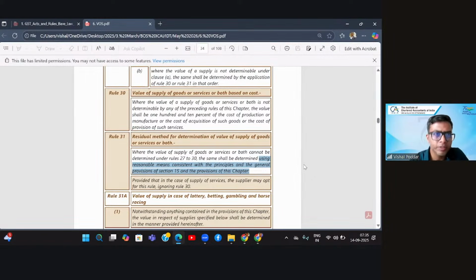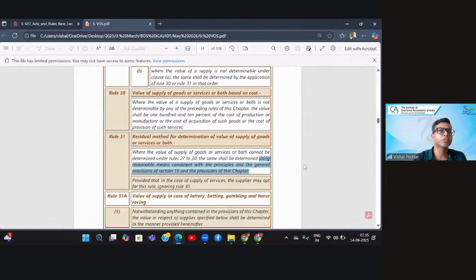On the basis of this judgment, you have multiple decisions under income tax, under excise, where the court has said that if the law itself is not able to provide for the valuation, there cannot be a tax. So I may have done a taxable activity, but if it cannot be valued, there is no tax. To overcome those decisions, you have this final last resort option where, okay, everything fails, let me do something.